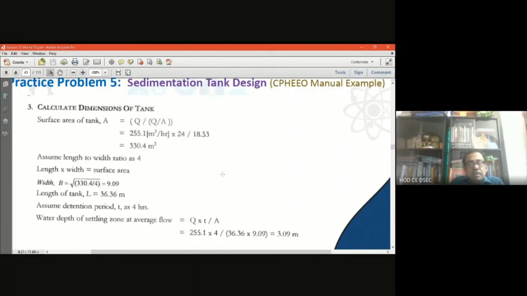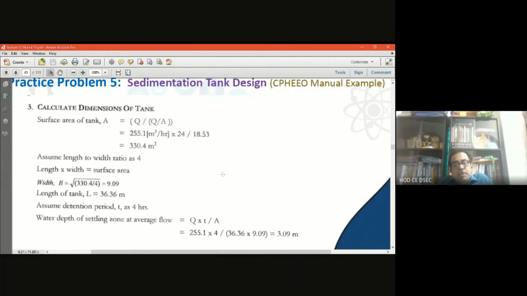Now you assume the detention time. Say 4 hours. Generally 4 to 6 hours is the detention time we assume in the designing of the sedimentation tank. Now what is the water depth? What is the distance? Distance is velocity into time.